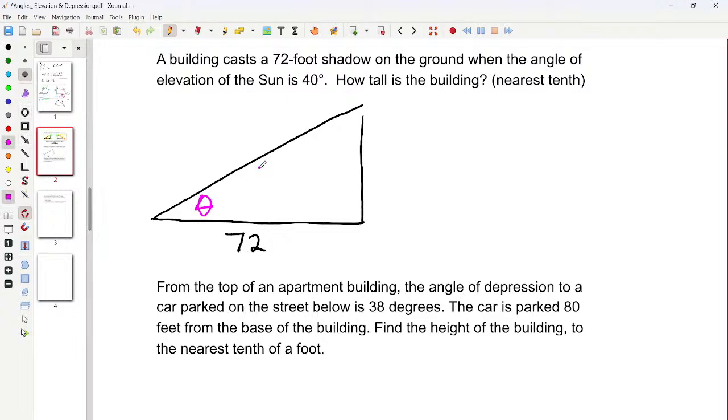Here's the angle of elevation with the sun. Furthermore, we know that this is 40 degrees.